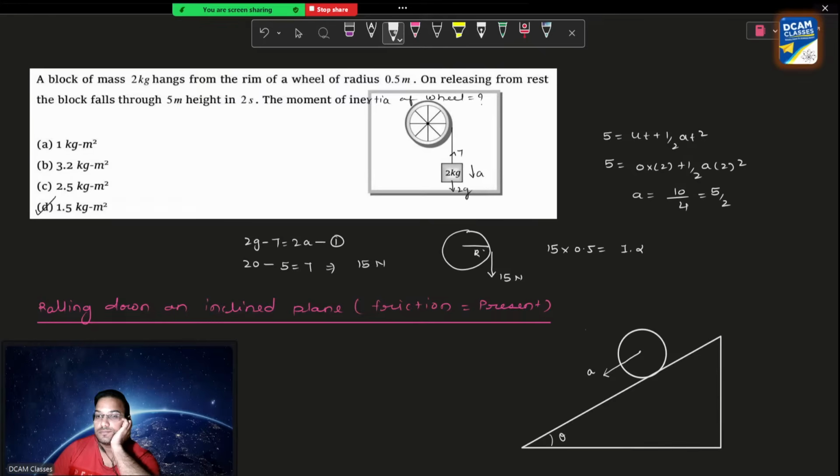So you can get alpha value easily. 5 by 2 is equal to, what's the radius? Radius is 0.5. 1 by 2 into alpha. So alpha is equal to 5 you are getting. Put it here. I into 5. So 5 3s are 15. 1.5. So the value of I you are getting is 1.5 kg per meter square. Simply solved.